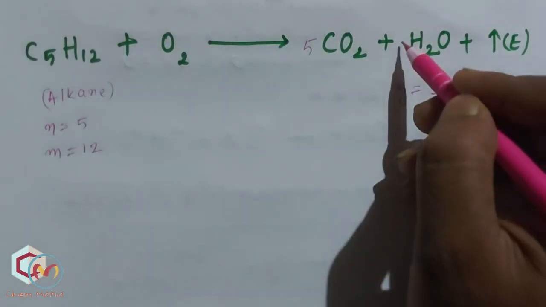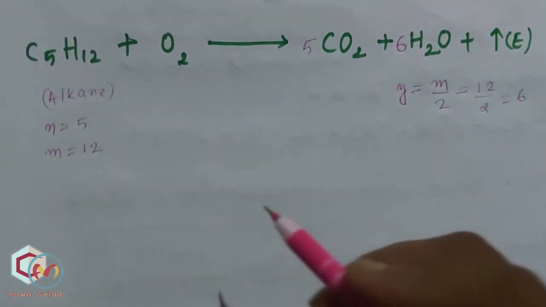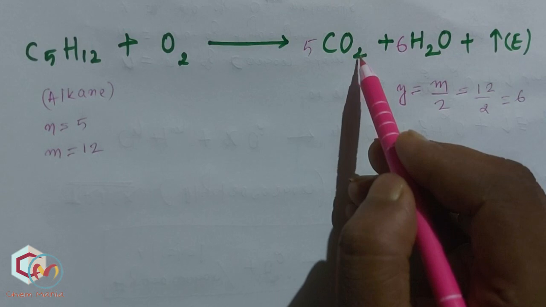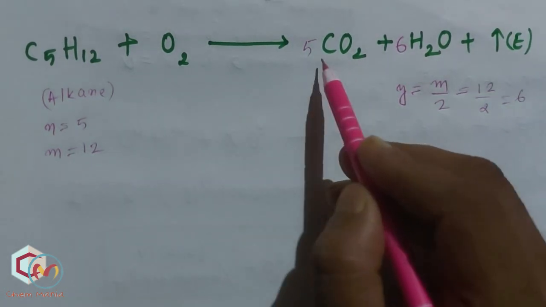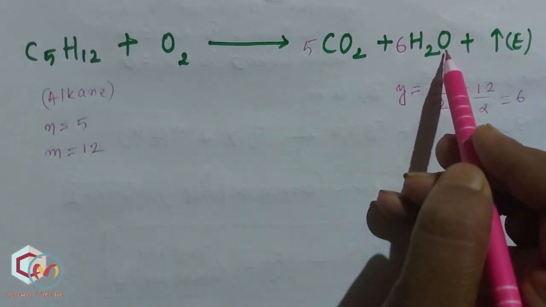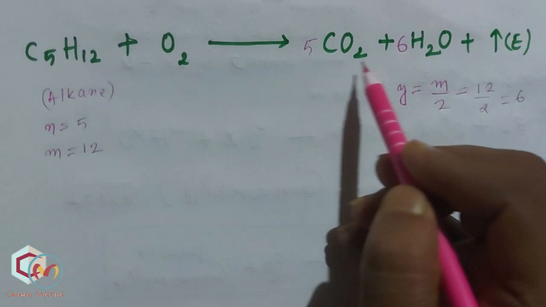So we will multiply by 6 here. Now we will calculate the number of oxygen. So 5 into 2 is 10 plus 6 oxygen, that is 16 oxygen on the product side.